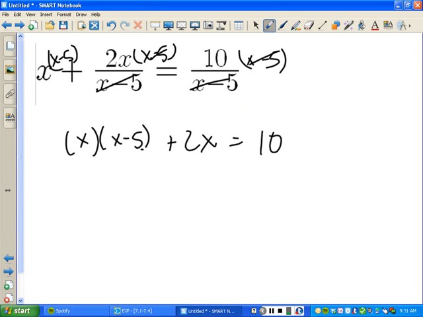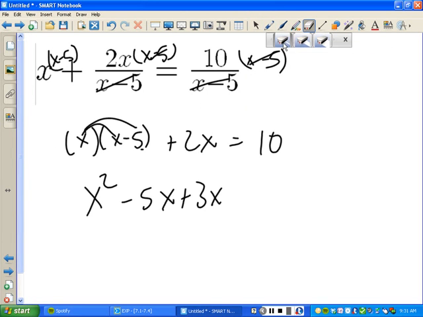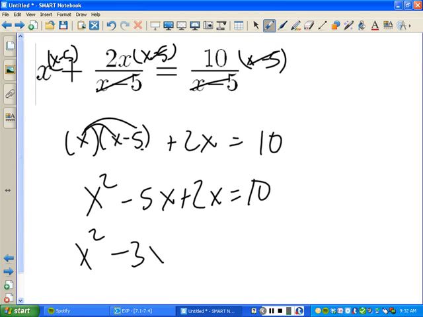Carrie, if I told you you get x squared, are you going to believe me? X squared. Damn. It's unbelievable. I just jacked that up and put a 3 in out of 2. 2x equals 10. X squared minus 3x equals 10. How do I solve that?